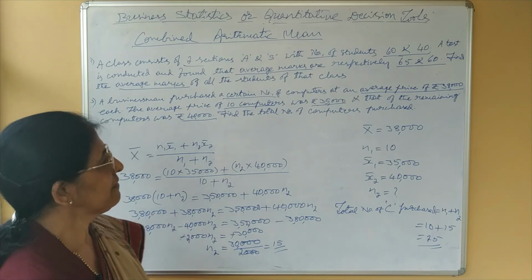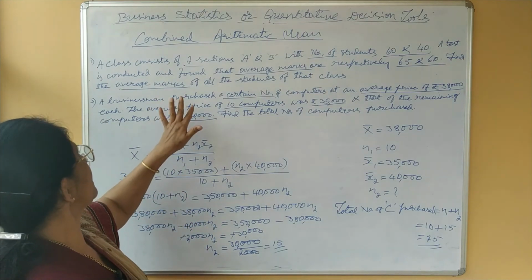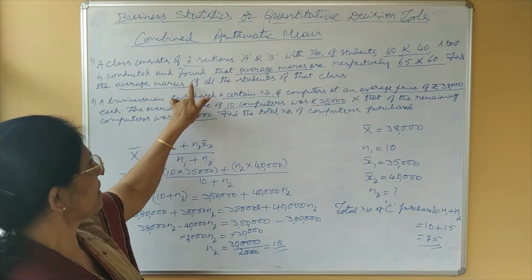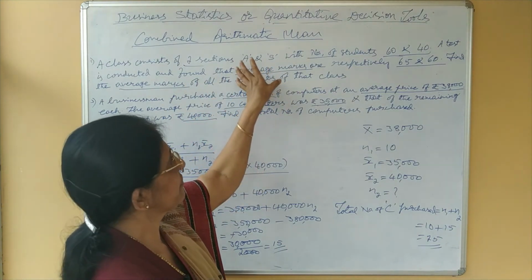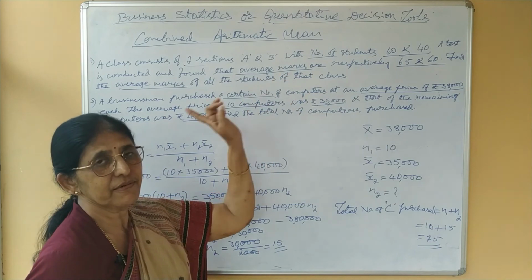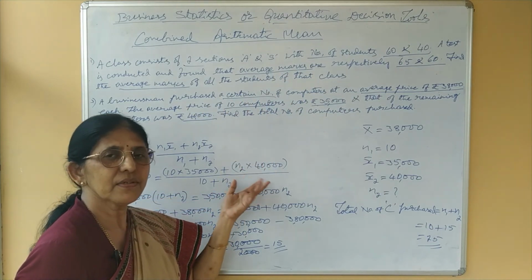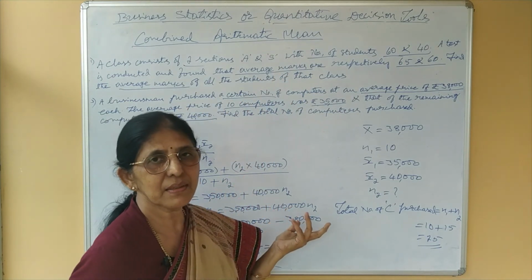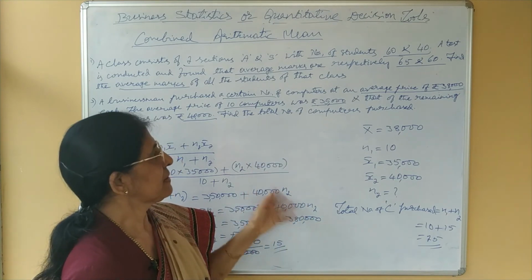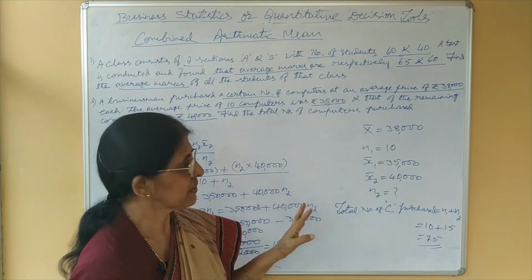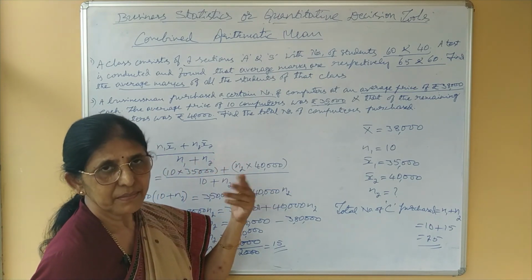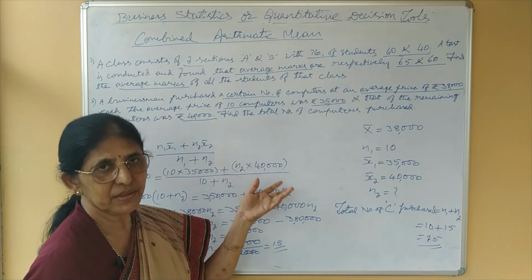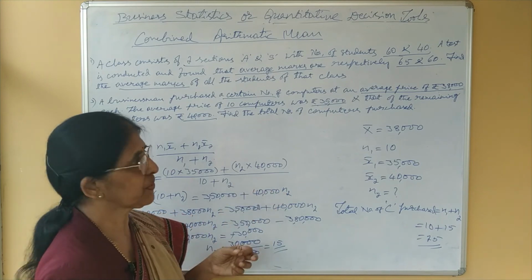In case of standard deviation, calculation of combined arithmetic mean for 2 or more series, there we will apply that. Otherwise for 5 marks or 3 marks these type of questions may be asked. Now you have to work out some more problems by going through the textbooks. Okay.